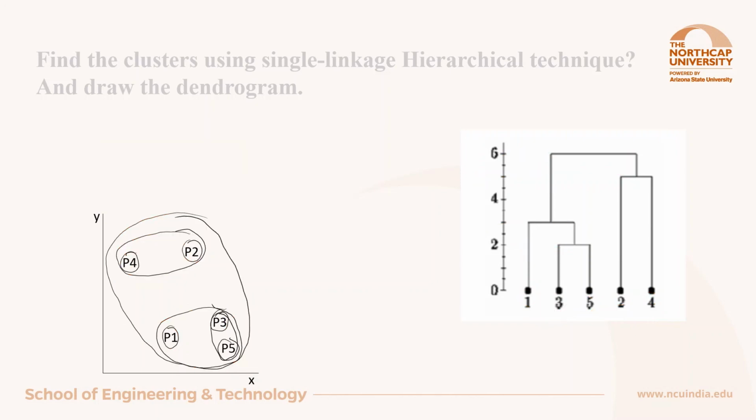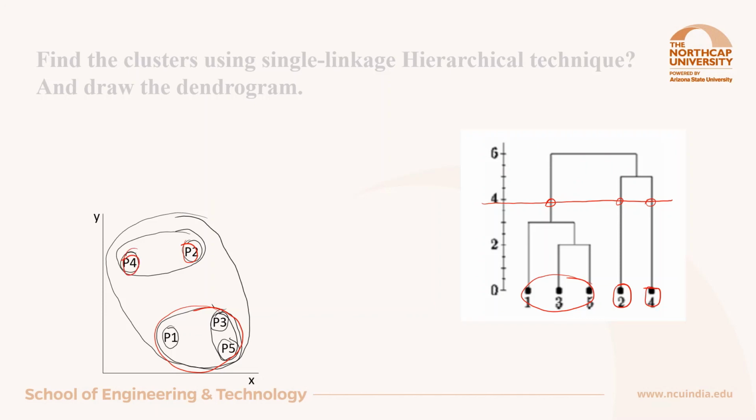This dendrogram is made based on the distances between the clusters, and if I mark a horizontal line at level 4, that means at a distance of 4, this horizontal line is cutting the vertical lines at 3 points. So there are 3 clusters at this level: cluster 1, 3, 5 and cluster 2 and cluster 4.